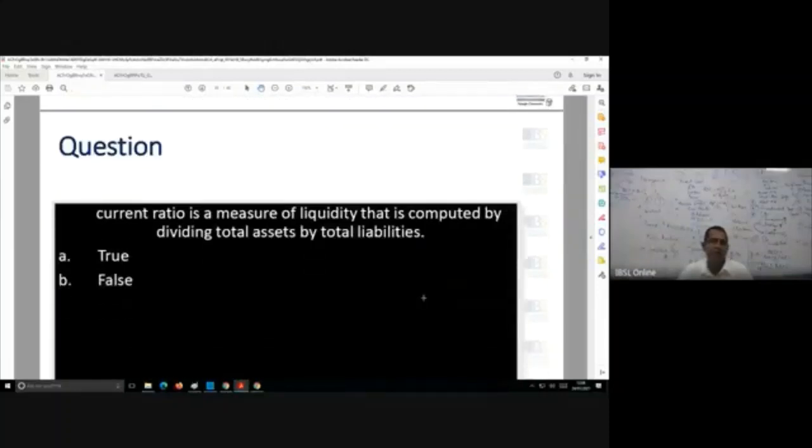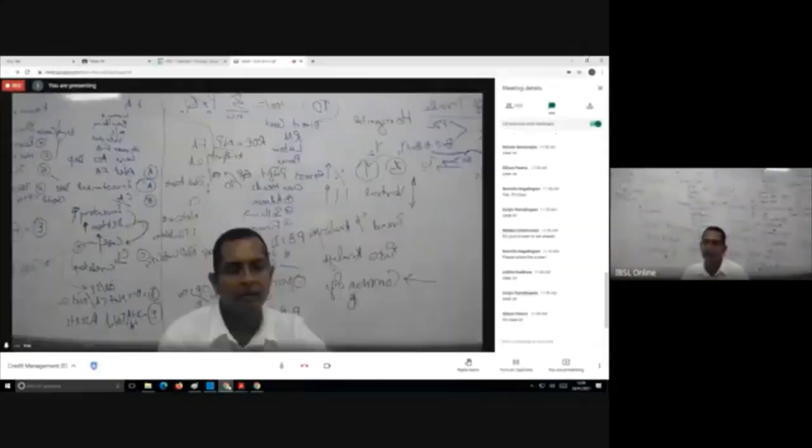There's a question for you. The current ratio is a measure of liquidity that is computed by dividing total assets by total liabilities. Is it correct? Yes or no? Can I know everyone's view?